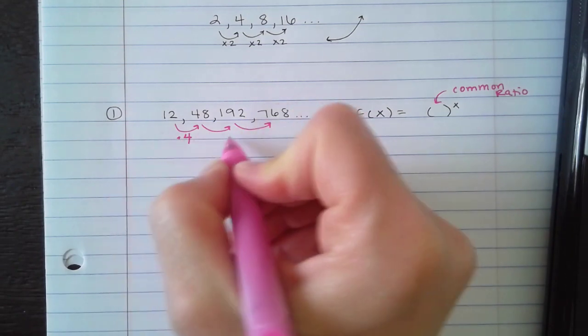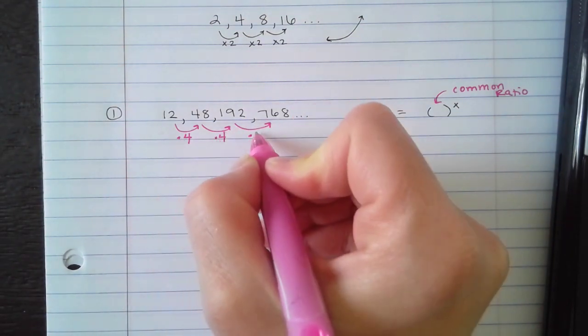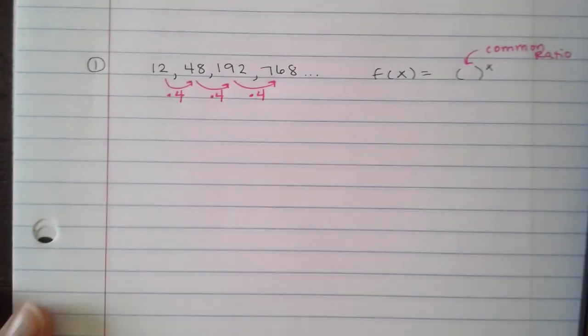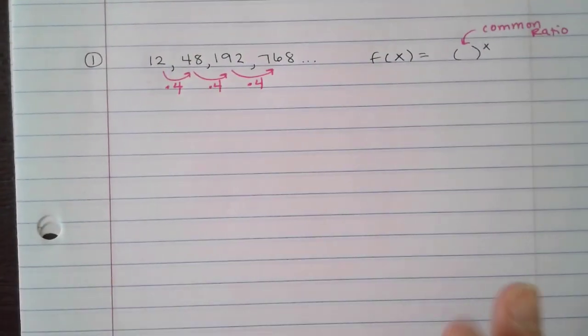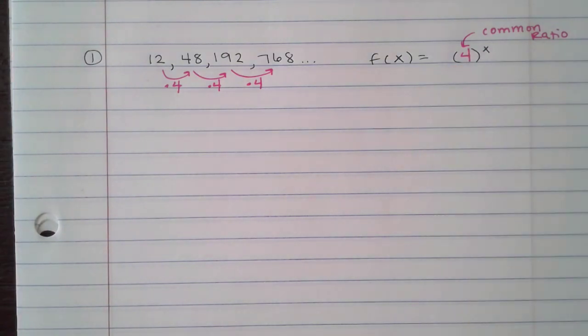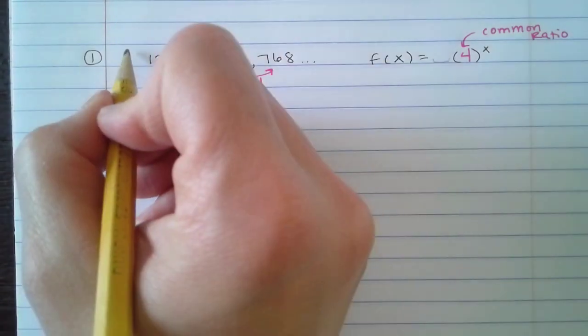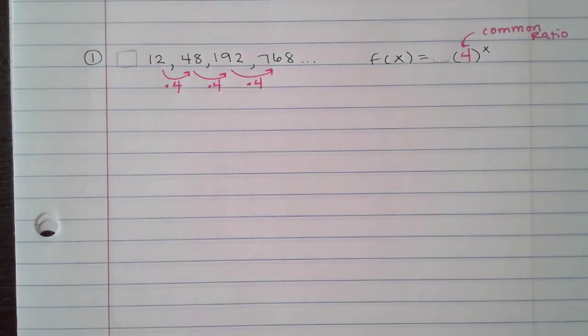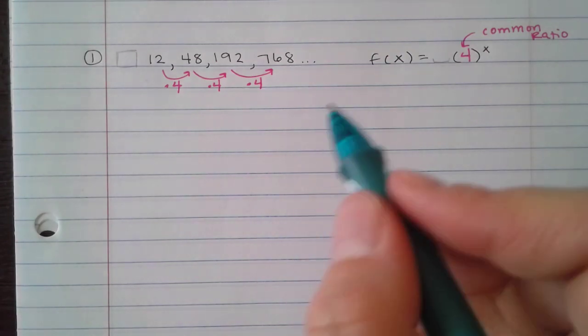And you want to check that that's true for all of these. In this case it is. I'm just going to check it for us. Okay, so in this case, I know that it's 4. And we are missing this number out here, and I'm going to write it really lightly in pencil because it's our 0 term. It's the invisible term out in front. I'm using a different color intentionally.